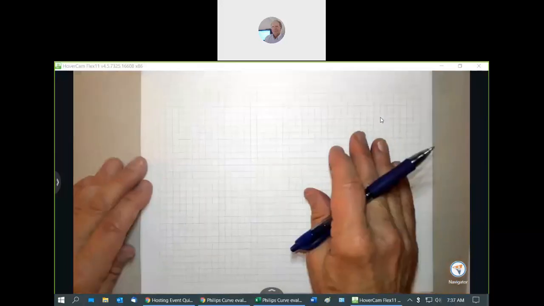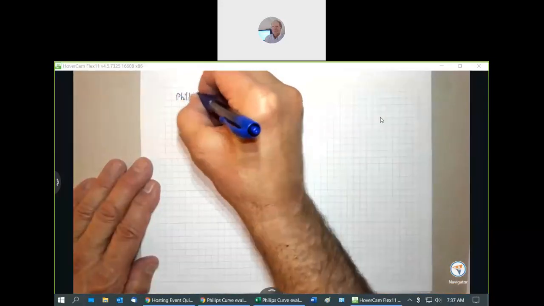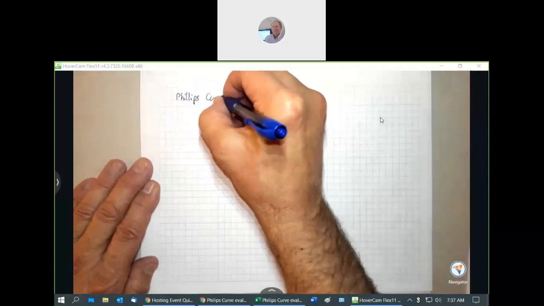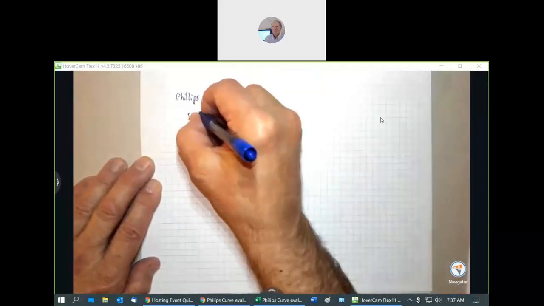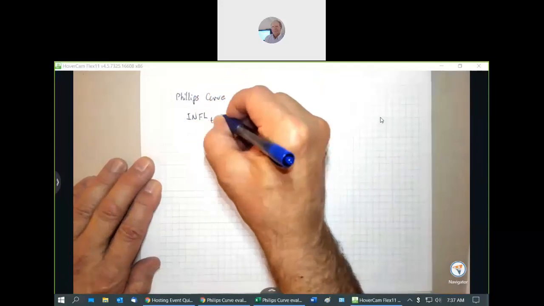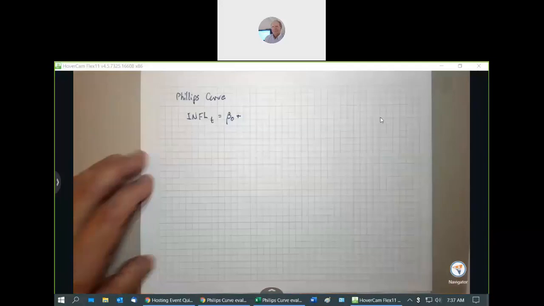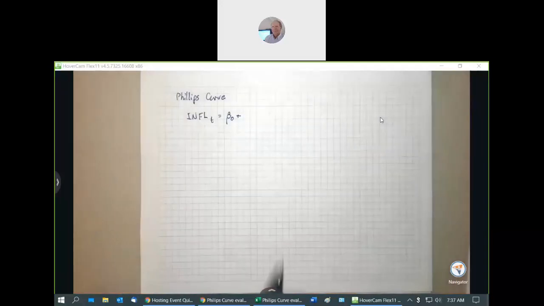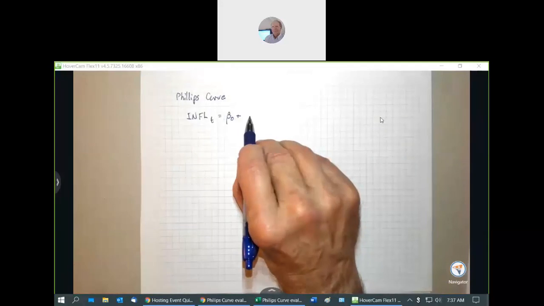So let's write out the equation of one Phillips curve that has been estimated and see how we would go about this. We would say that inflation in time t is equal to a constant term plus, okay, here's where the magic comes. If we just stick in unemployment right there, we're going to have a linear relationship.